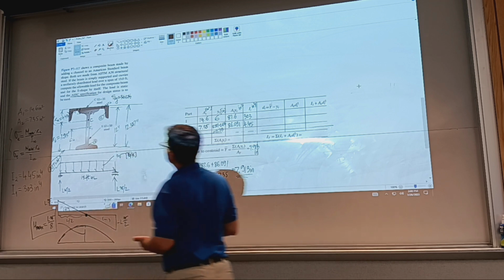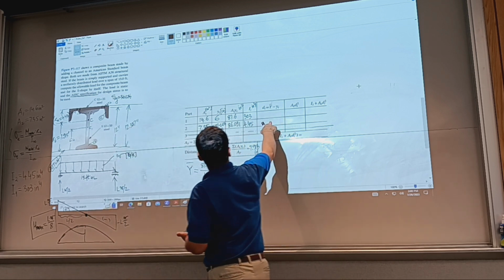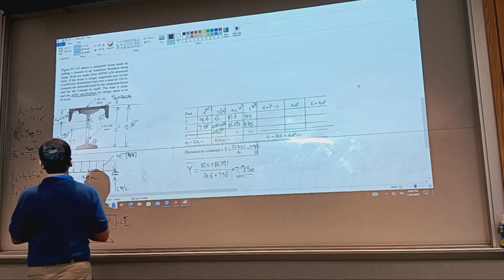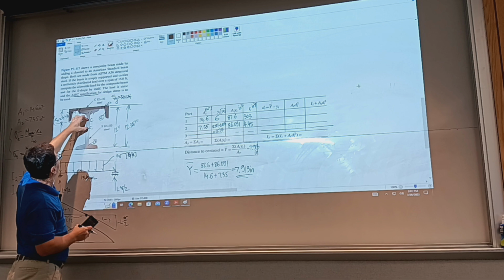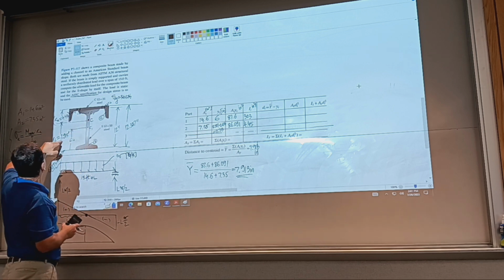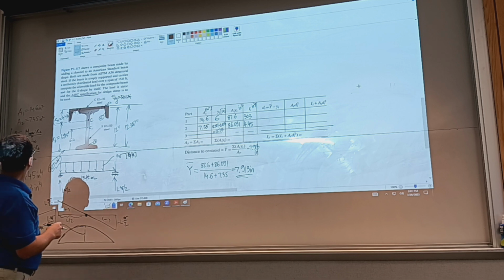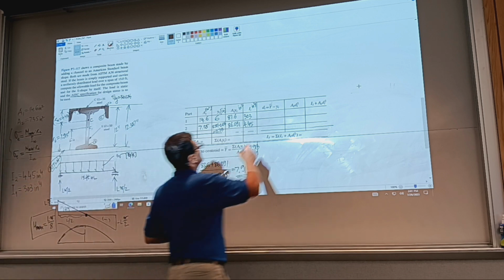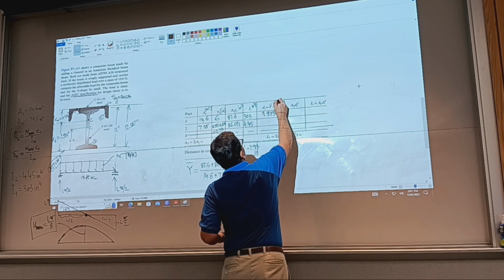All right, so let's see what these D values are. I have the distance between the overall centroid and the centroid of part 1. That's going to be 7.913 minus 6. So that's 1.913 inches.